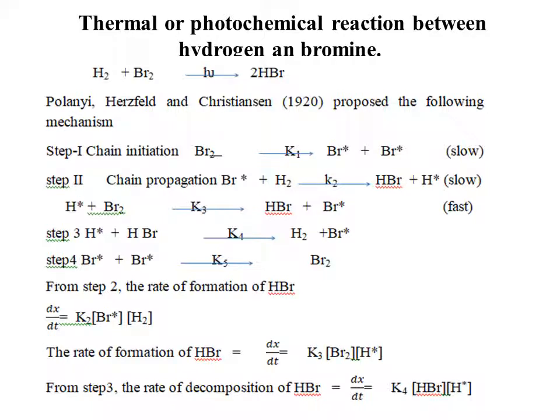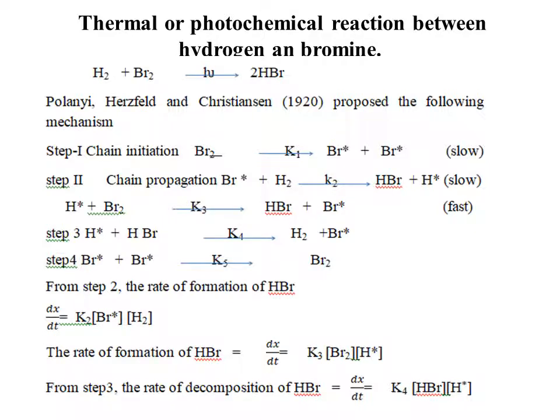Now, from step 2, the rate of formation of HBr, dx over dt, is equal to K2 into the concentration of the bromine radical into the concentration of hydrogen. Similarly, the rate of formation of HBr is equal to K3 into the concentration of bromine into the concentration of hydrogen radical.